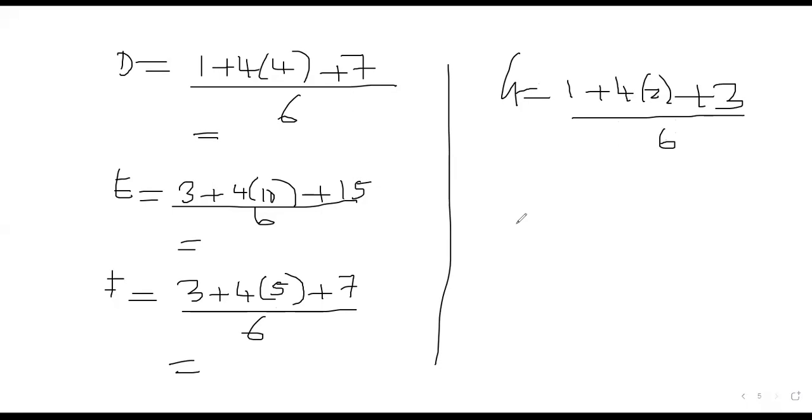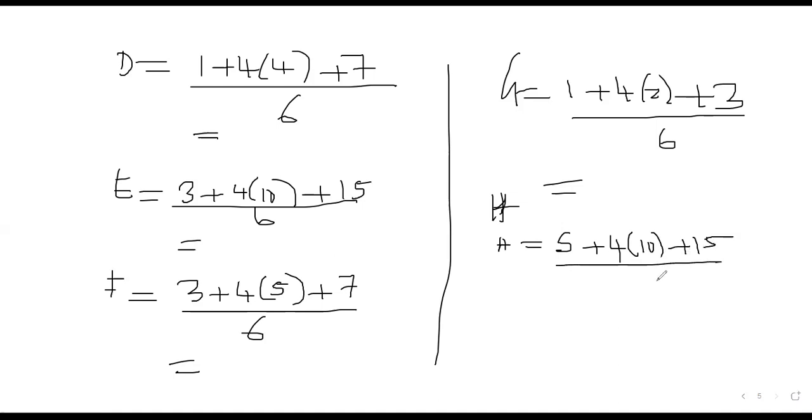Give me the one for H. H is 5 plus 4 on 10, then plus 15 over 6. Then our I is giving us what?